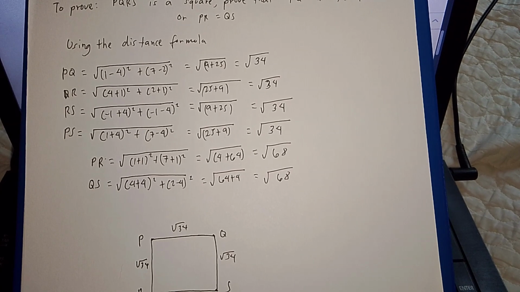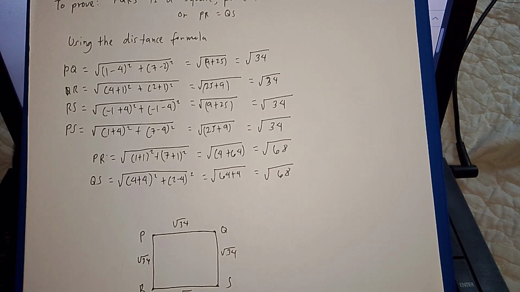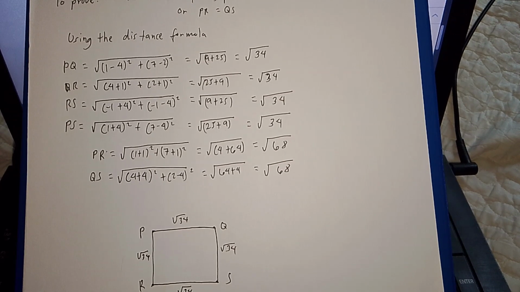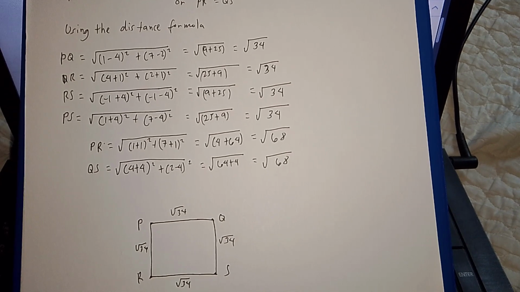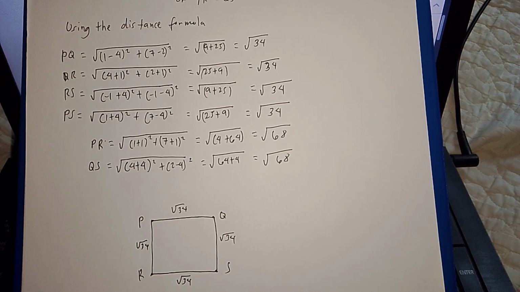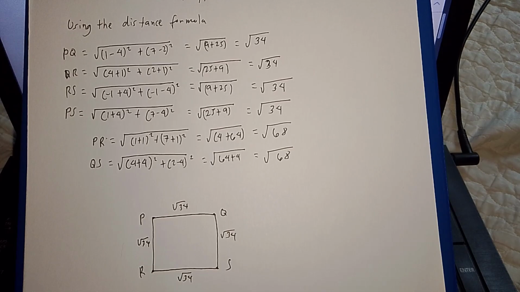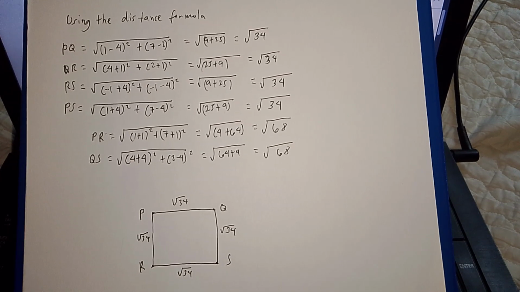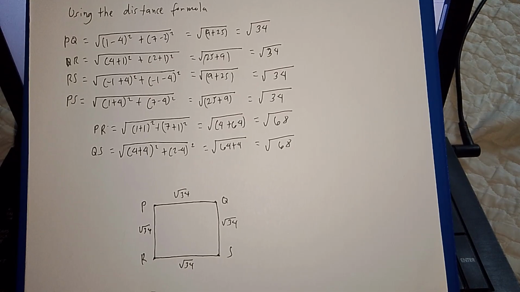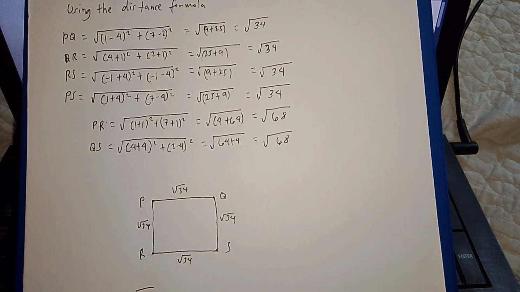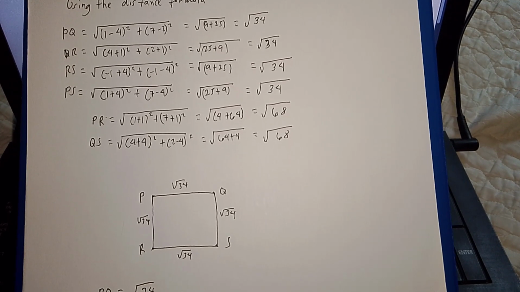As we can see, on the S coordinate we got negative 4, 4. So we simply substitute the variables. So on SP, 1 plus 4 squared plus 7 minus 4.